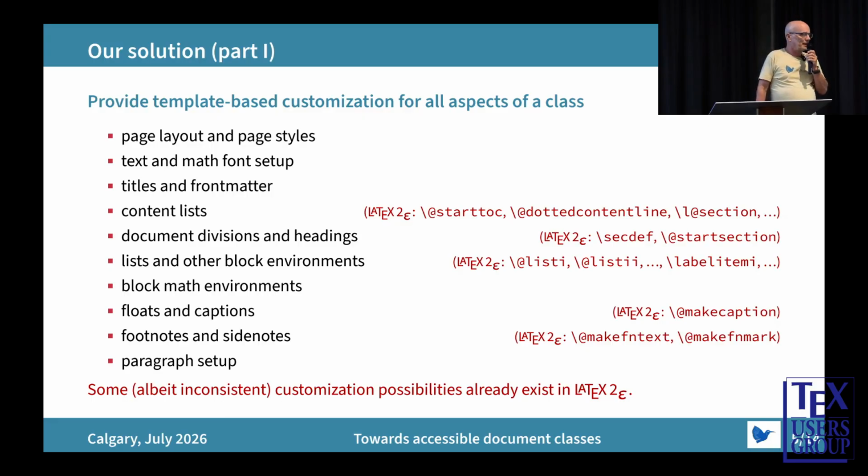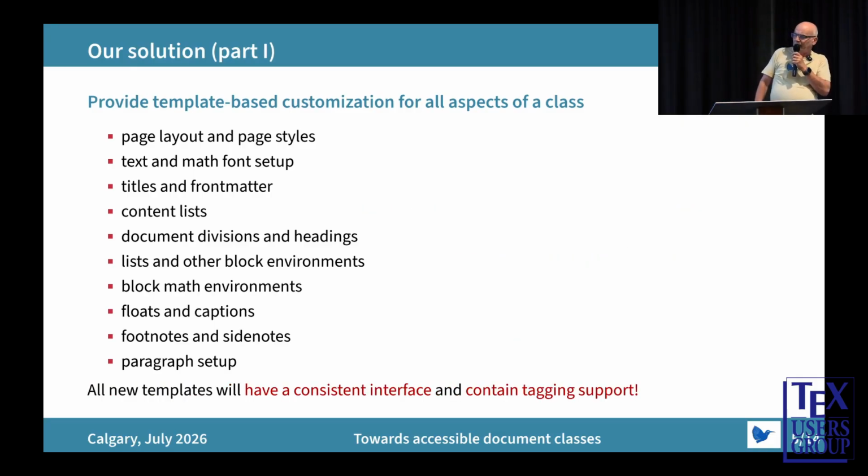So it's not easy for somebody to make a new class because the things are all sort of done in different ways. Sometimes you have to do some coding. Sometimes you have to do some parameter settings and combinations of those. So that's the situation. What we want to have is, as I said, a consistent interface throughout.